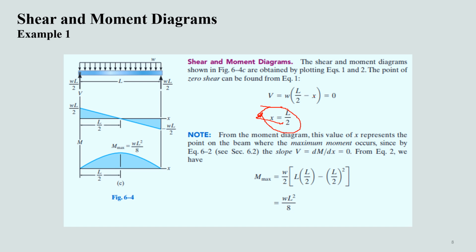So if shear is 0 at this location of L by 2, then this means that moment will be maximum at this point. Thus, if we plug this point in the moment equation, we can determine the maximum value of moment in a simply supported beam under uniformly distributed loading. That comes out as WL squared by 8, where W is the intensity of the applied load.